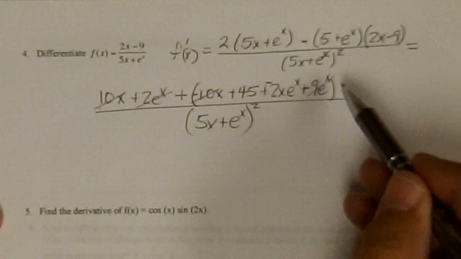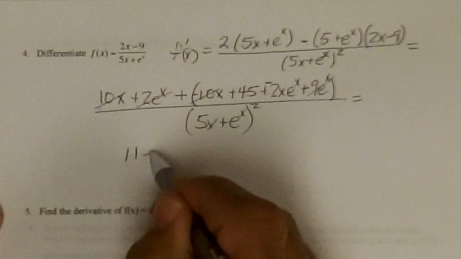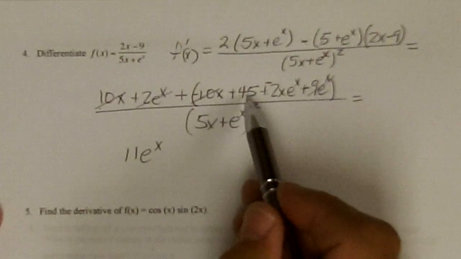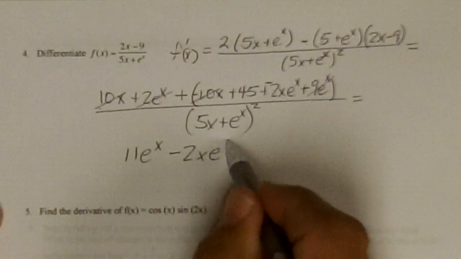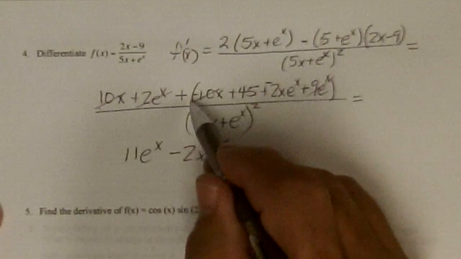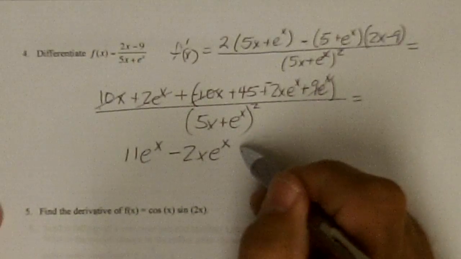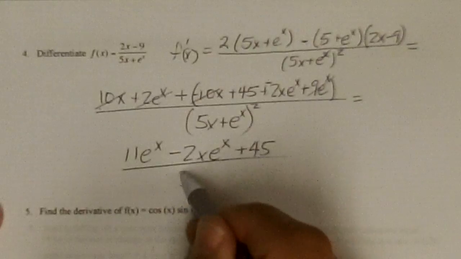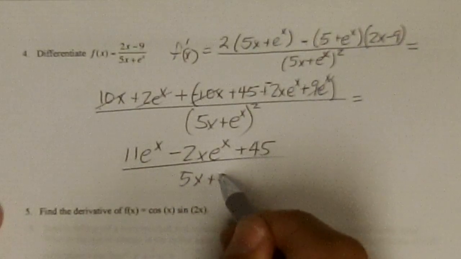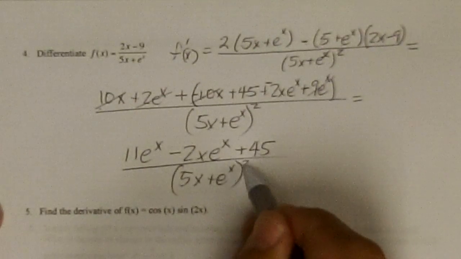Plus 9e to the x, that's 11 e to the x, minus 2x e to the x, and then plus 45 over 5x plus e to the x squared.